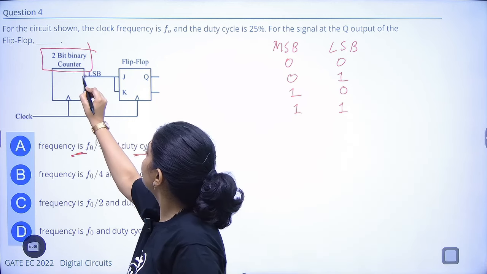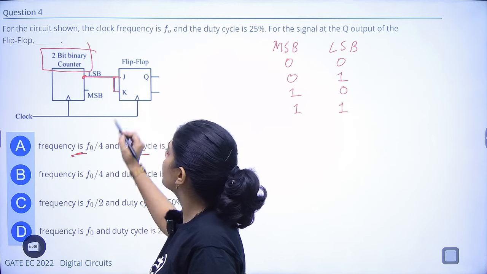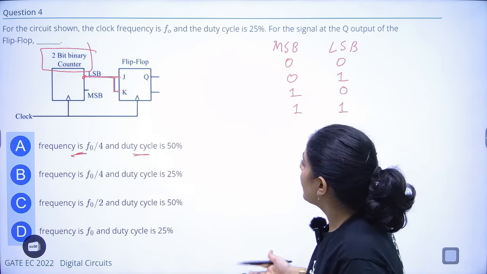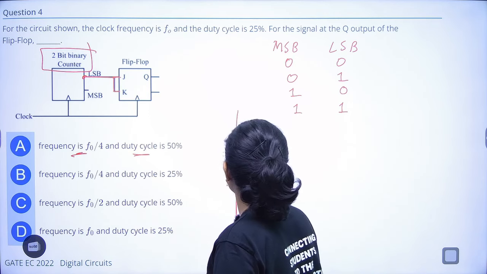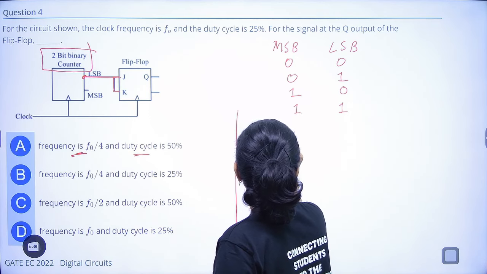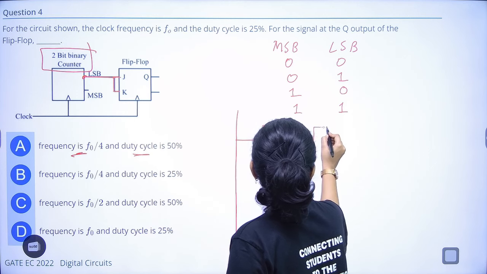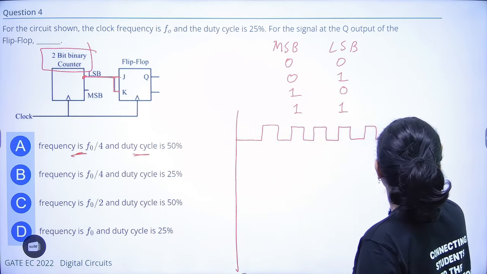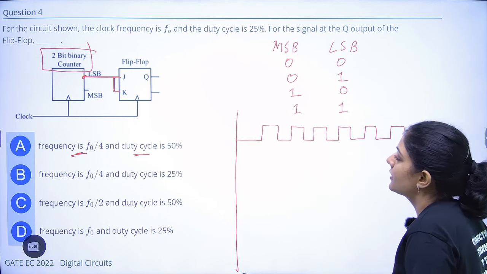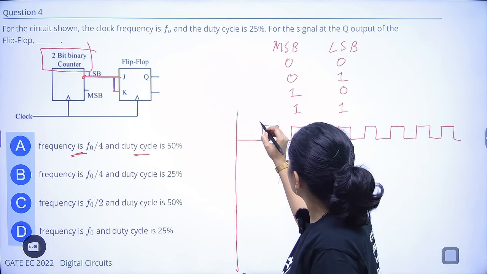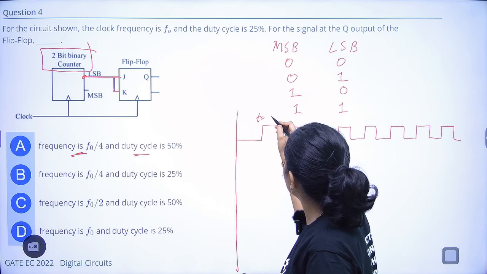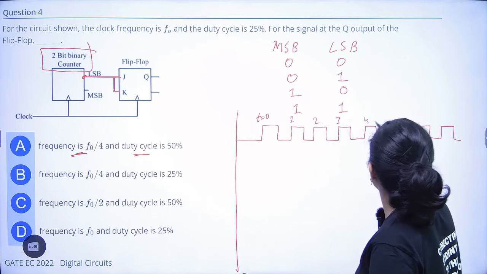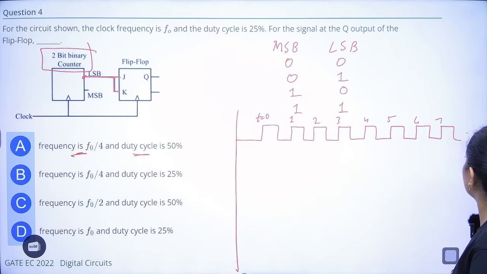Now this LSB is given to both J and K. Let's draw the clock first. Suppose this is my clock, starting from t equals 0 and then 1, 2, 3, 4, 5, 6 and 7 and so on.